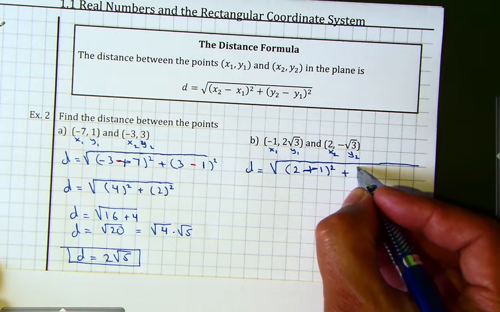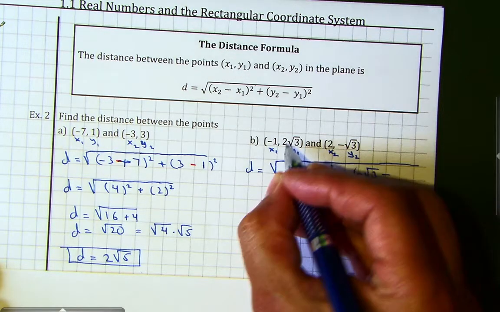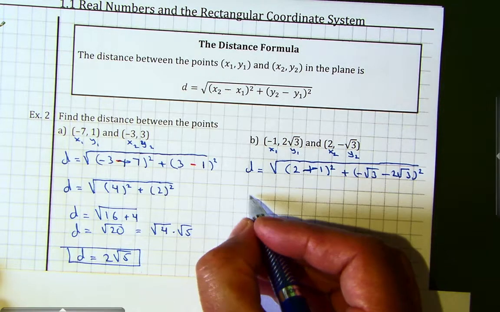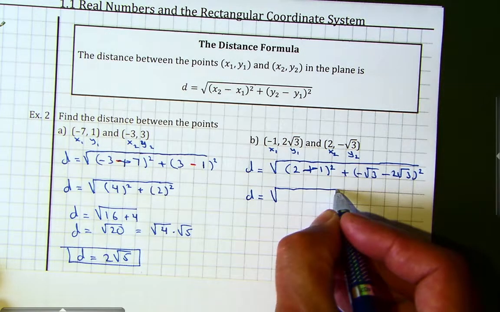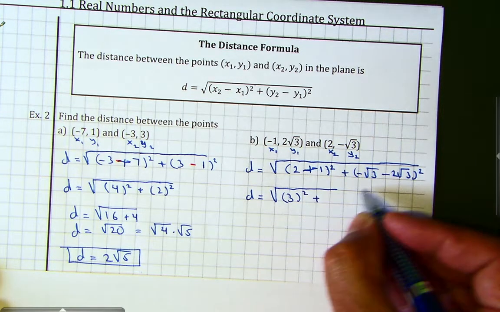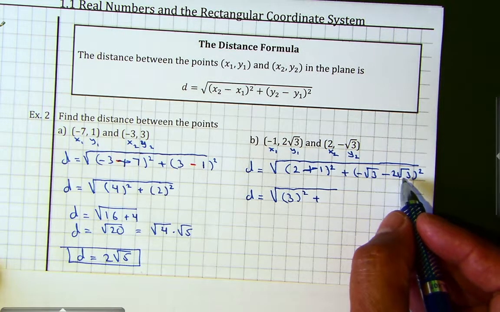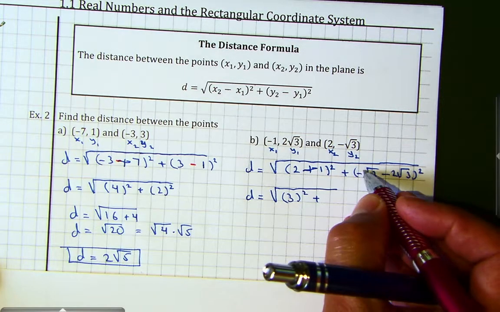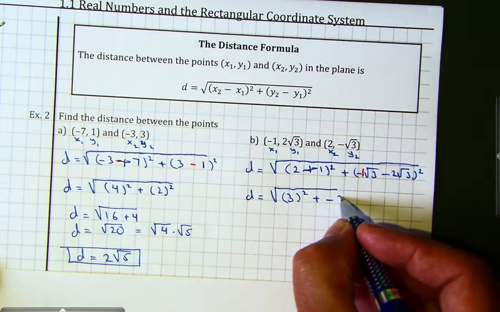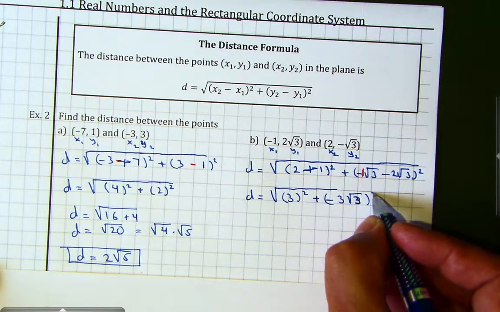Plus the difference between my y's, y2, negative square root of 3, minus... I'm going to simplify, so that will give me 2 plus 1 is 3 squared, plus, what is negative square root of 3 minus 2 square root of 3? So in this case, you have to think that there's a coefficient of 1. Therefore, negative 1 minus 2 will be negative 3 square root of 3. And this is still squared.